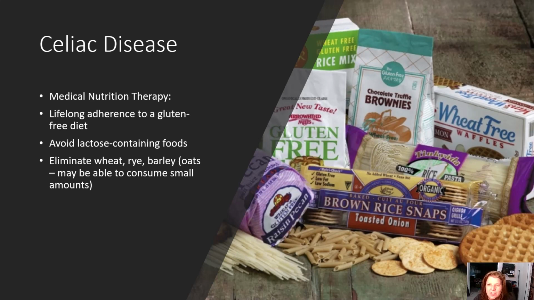But the problem is there's some cross-contamination that can occur. So, for instance, a cereal company like General Mills, or I'm trying to remember the others that are out there. If you have a company that produces cereal, if you have one cereal that makes something with gluten, any other cereal that is made with the same manufacturing parts is going to have gluten in it from cross-contamination.